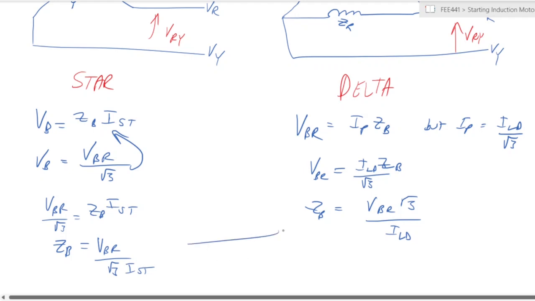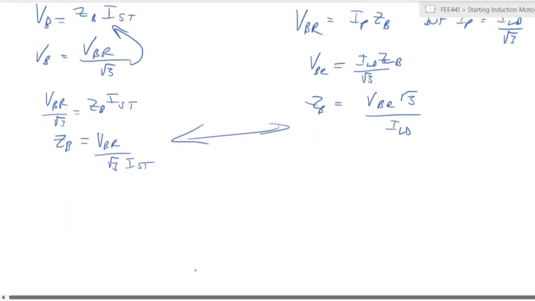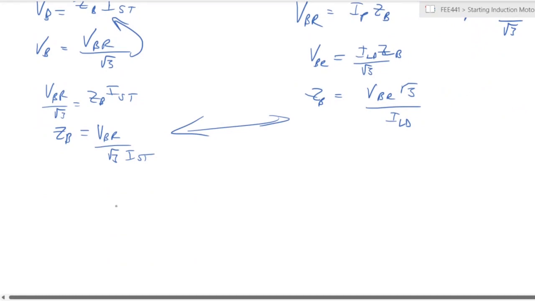So now let's relate these two to each other because we have the same ZB in each of them. We'll have VBR over root 3 IST is equal to VBR root 3 over ILD, right? So these are relating the star current with the delta current.